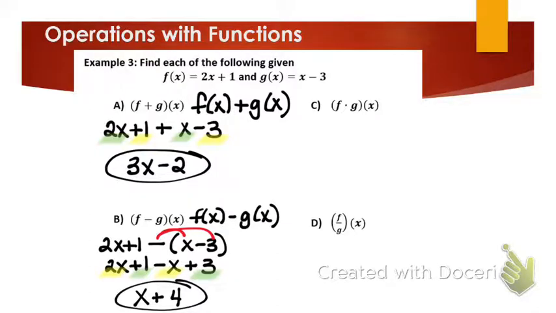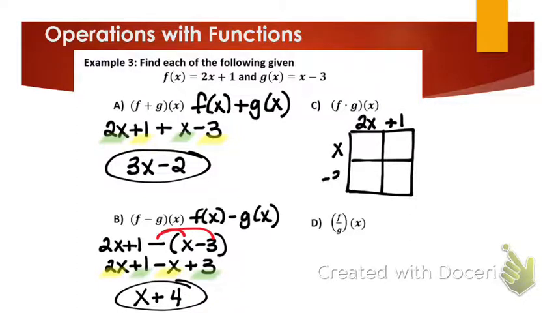For part C, it's multiplication. So you need to make a box or FOIL or distribute, whichever way you learn how to do that. So now you're taking these 2 functions and you're multiplying them together. Go ahead and do that. Fill it in.